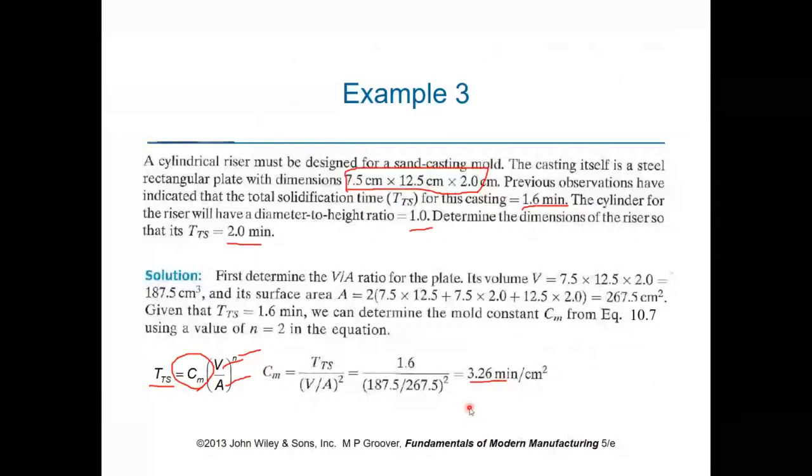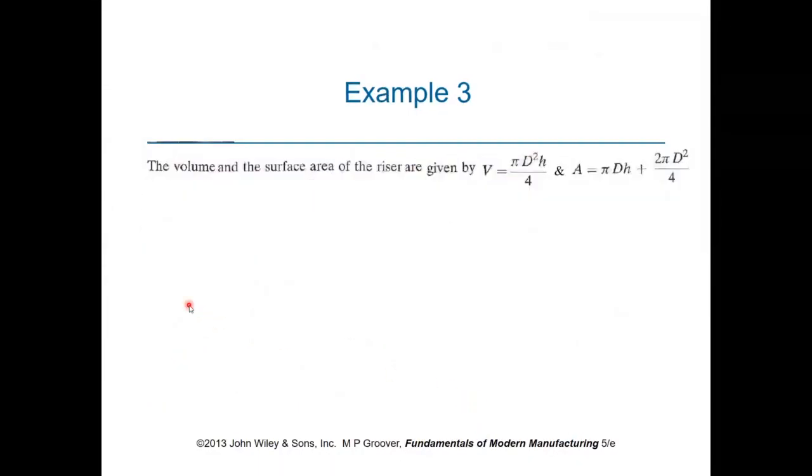Now, once we have computed Cm for this, next we move on to computation of the dimensions of the riser, which is a cylindrical shape. We write the equation for the volume of the cylinder, which is to be used for the riser, as well as an equation for computation of its surface area. Still, we do not know what the values of D and H are, because this is something that we want to compute. However, we know that D is equal to H. This is mentioned in the statement of the problem.